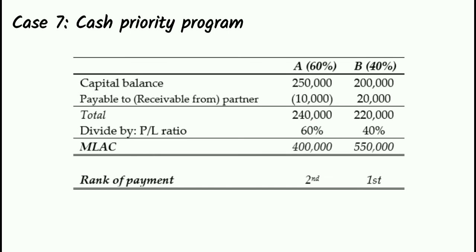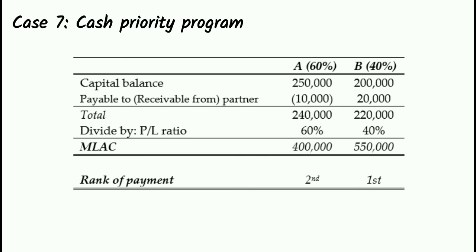Next, i-divide natin yung profit or loss ratio. For A, 240,000 pesos divided by 60% is equal to MLAC of 400,000 pesos. For B, 220,000 pesos divided by 40% is equal to MLAC of 550,000 pesos.